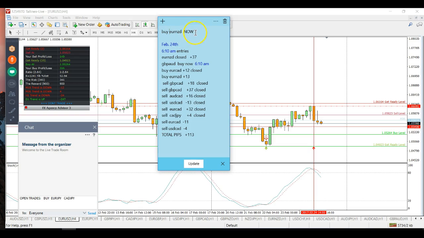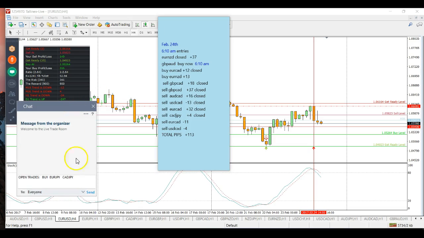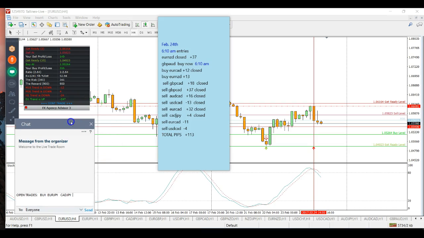But the one difference I'm going to make is that I'm going to post that in the chat room. So when I call the trades, you'll see them: open trades, buy euro yen, CAD yen. You'll see on the screen the positions, the stop loss, and take profit. Okay, that's the one change I've made.